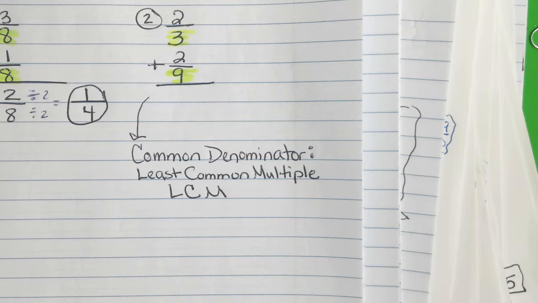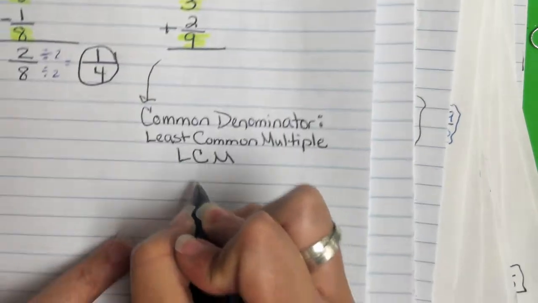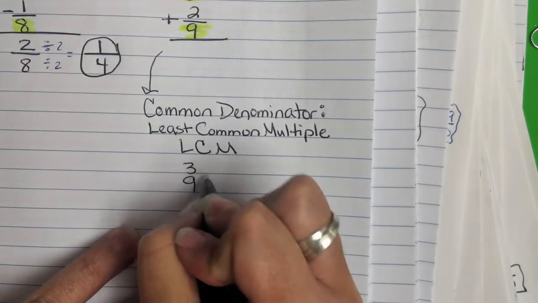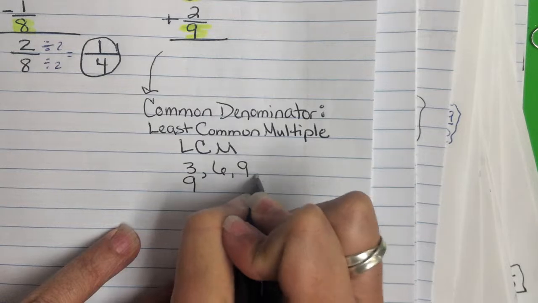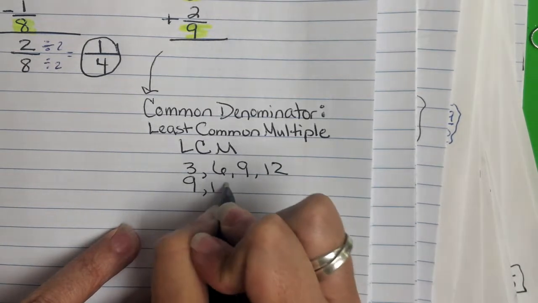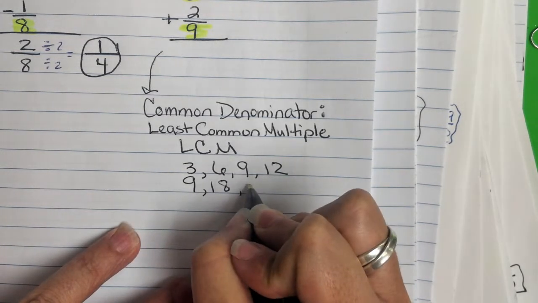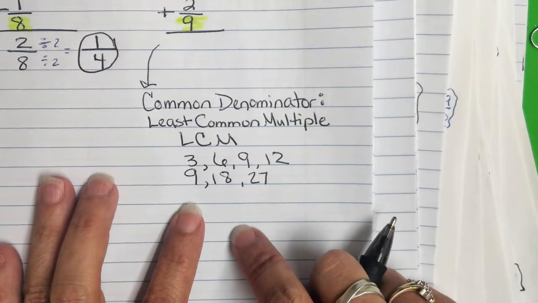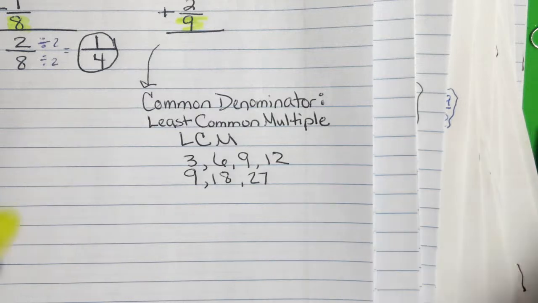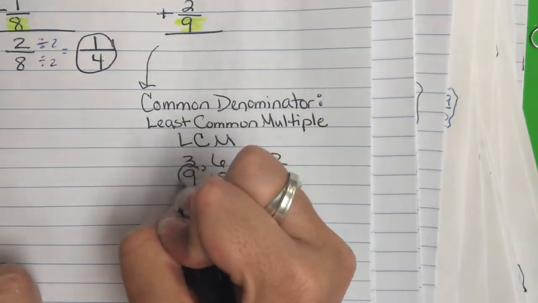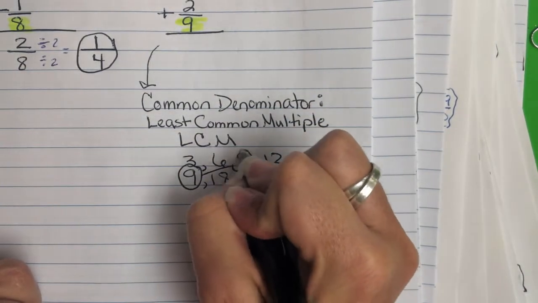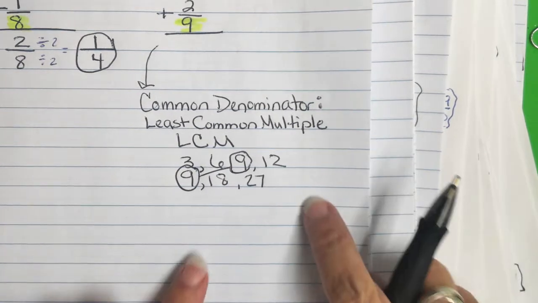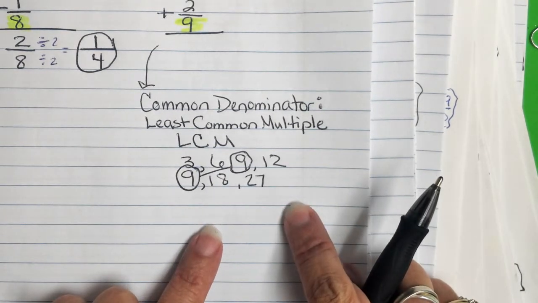Okay, all it is in my world is skip counting, to be honest. If I skip count by 3s and 9s, what is the least one they have in common? 9. That is my LCM. That one, that is my common denominator. You want to find the lowest one they have in common.